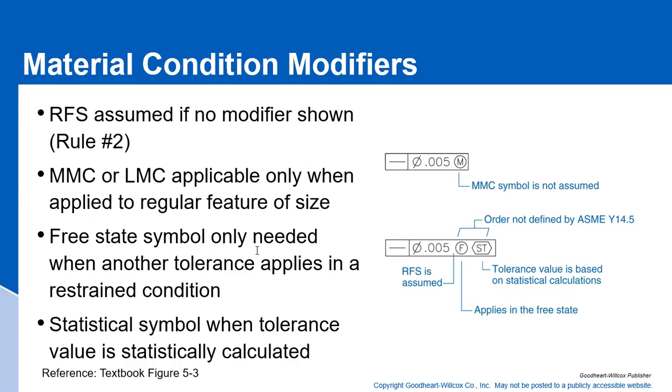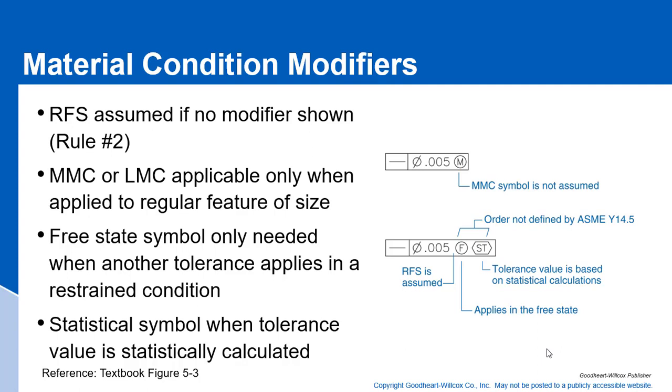Okay, free state symbol is used only when another tolerance applies in a restrained condition. Yeah, we'll talk a little bit about that. That's something that's been distinguished in GD&T 2018. We talk about a free state, and so what 2018 distinguishes is that there can be a difference, or a tolerance can be applied in a free state, or if you had to apply it in a constrained state.